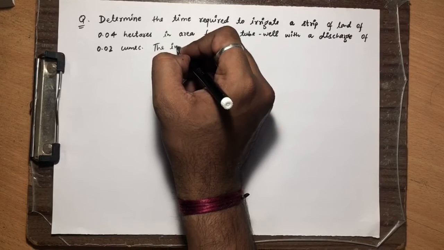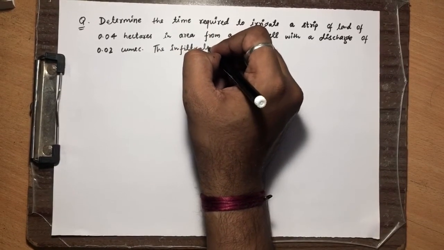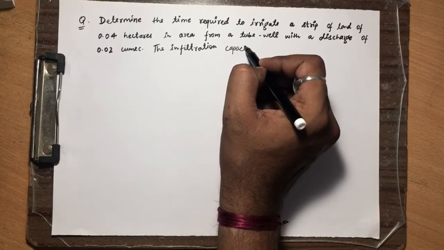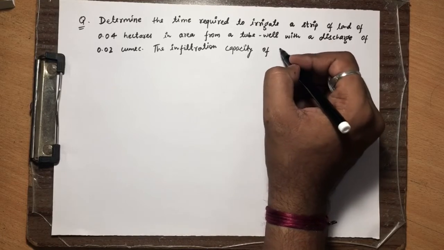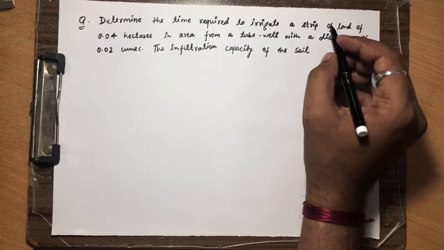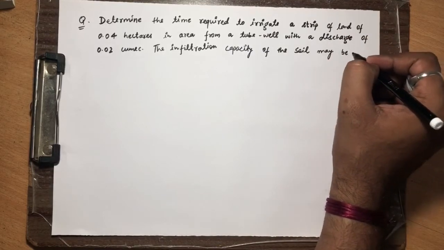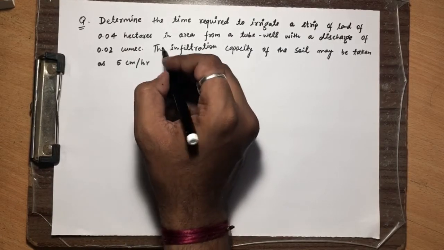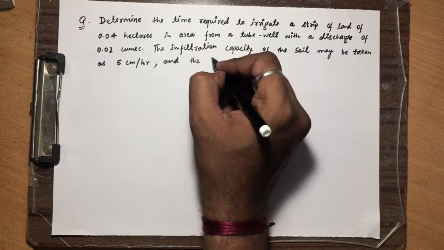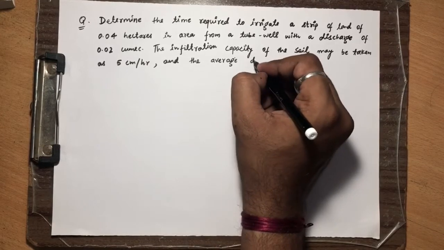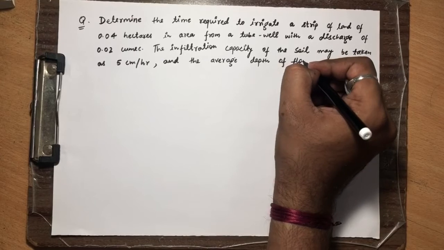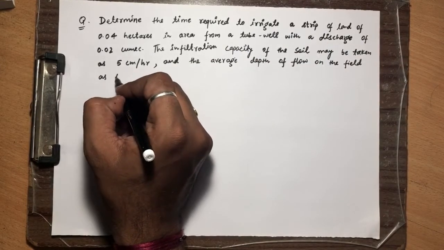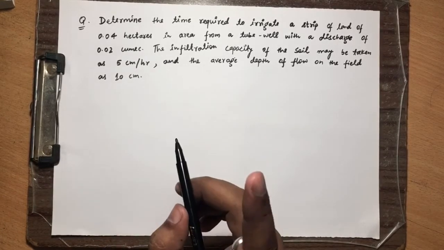The infiltration capacity of the soil may be taken as 5 centimeter per hour, and the average depth of flow on the field as 10 centimeter. So you have to be very careful with the units.